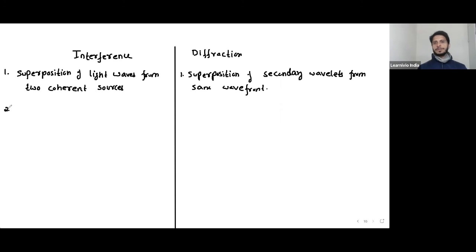The second difference is in interference, all bright fringes are equally bright. You can also call them maxima, and they have same intensity. But in diffraction, the intensity of all bright fringes is not same, it decreases.